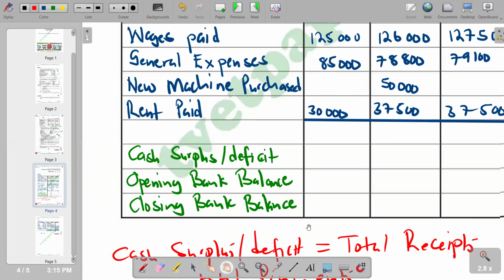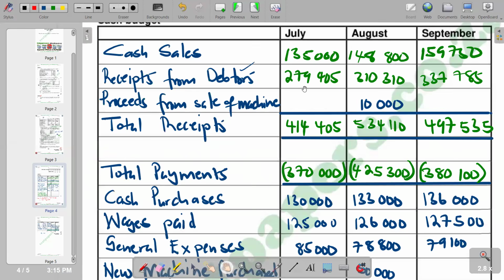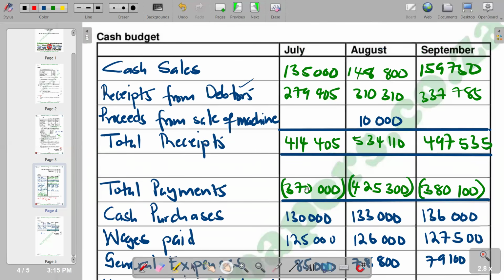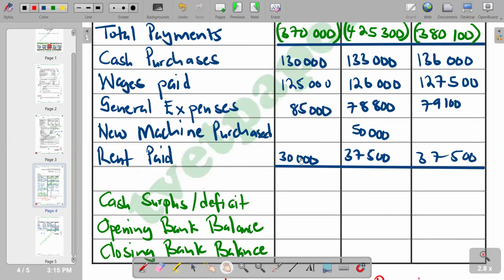So now we are saying in the first column, total receipts for July, 135,000, then we subtract 370,000 to get our net, which we are going to get as a positive 44,405. So we go to August.